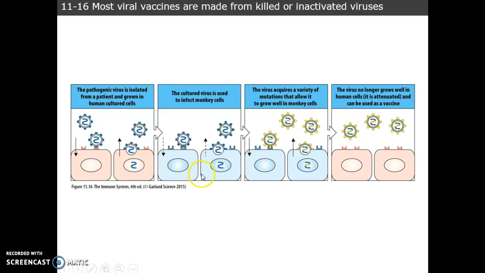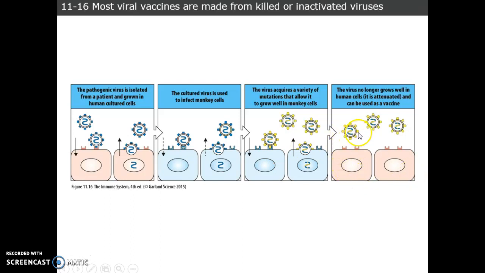All right, so this would be monkey cells. And really what happens is that over time the virus will begin to undergo mutations. And so then you've got now this blue and yellow virus. And so then it can get transferred back to the human cells.